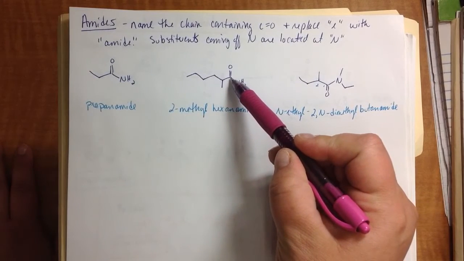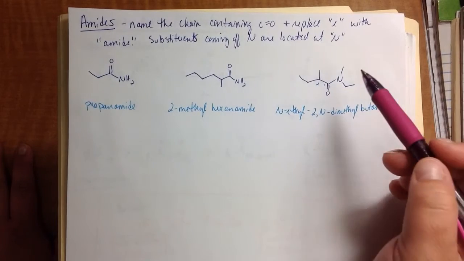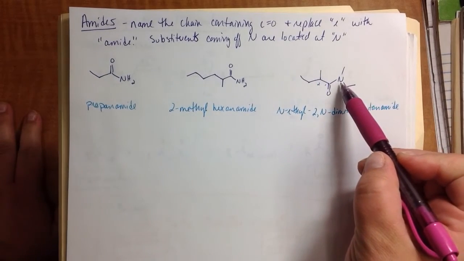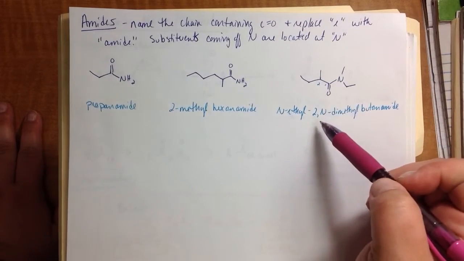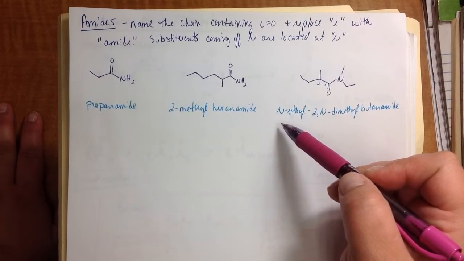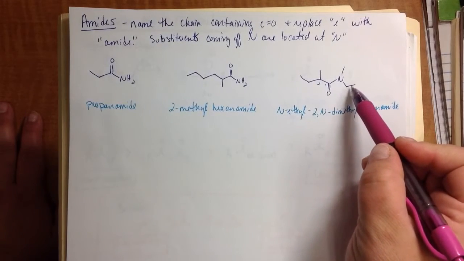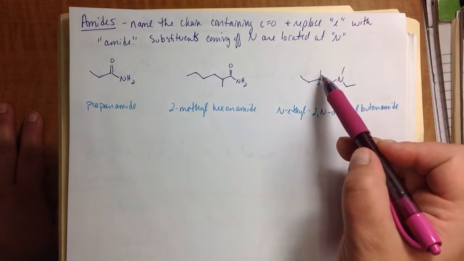Again, you're going to start numbering right here. That's 1, 2, 3, 4, 5, 6. Now, if you have something that's coming off of the nitrogen, its location is N. And we put that in italics, but it is a capital N. So I've got substituents as an ethyl group here. I've got a methyl group here and here.